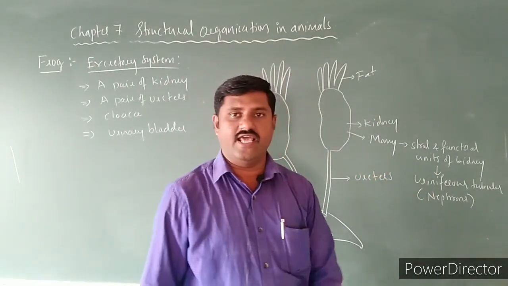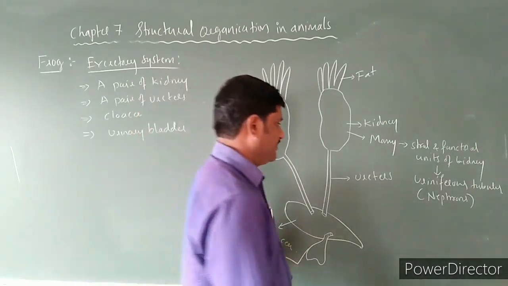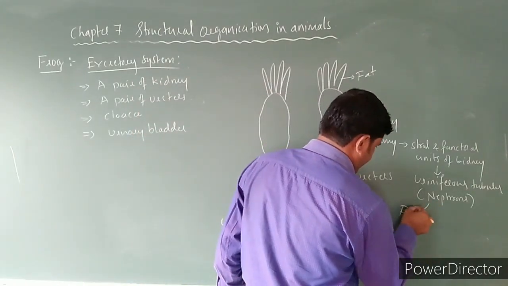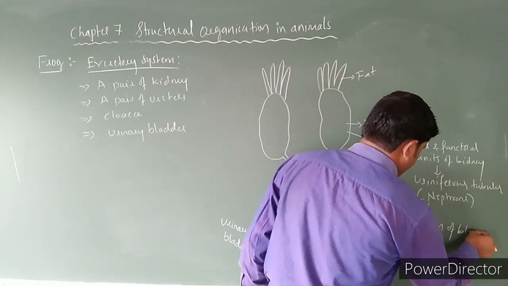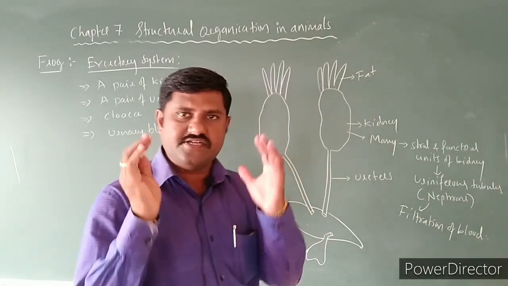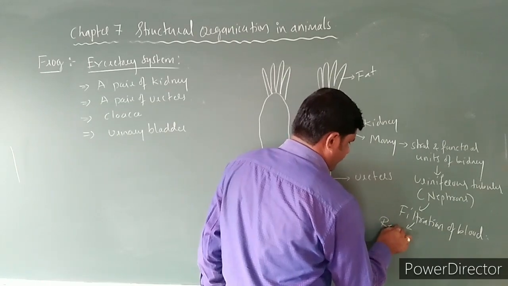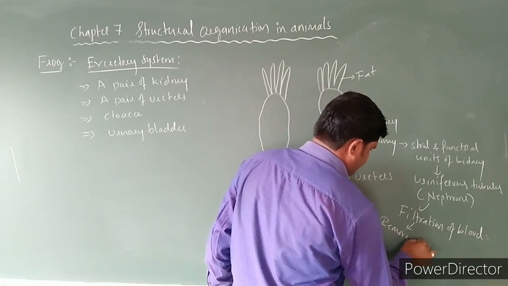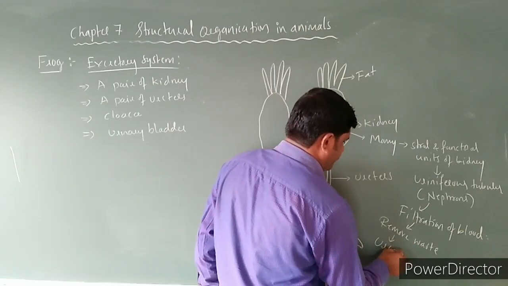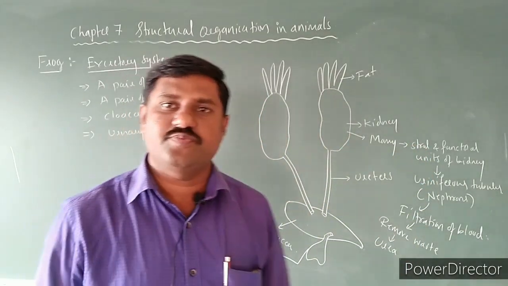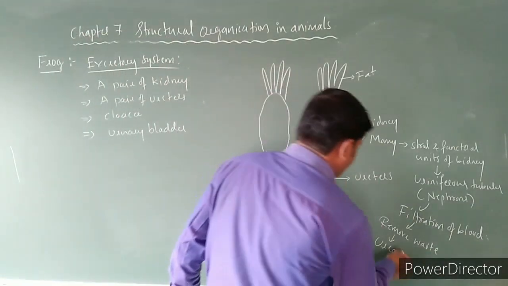These nephrons help in filtration of the blood. As a result of the filtration of the blood in the kidney, they remove waste products. The waste product removed by the kidney of this animal is urea.